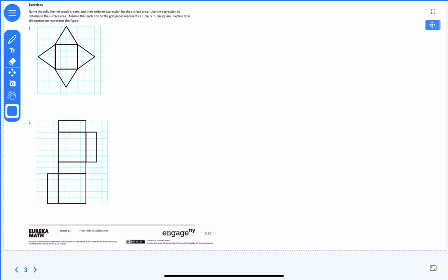So it's a pyramid, but we wouldn't say it's a squared pyramid. We would call it a what? Rectangular. Rectangular pyramid.